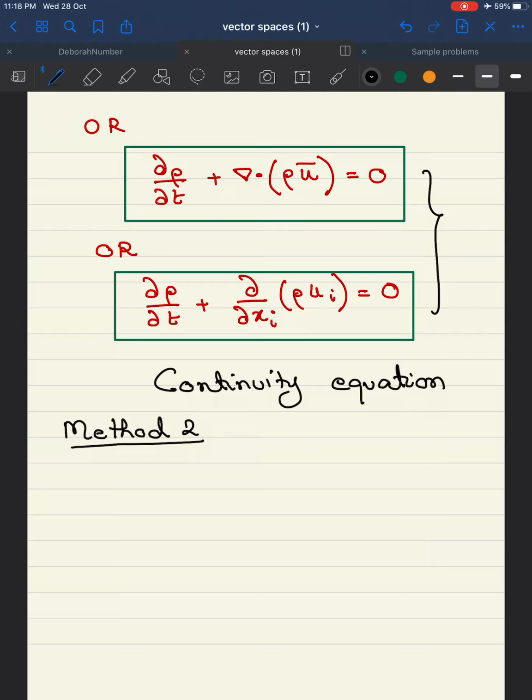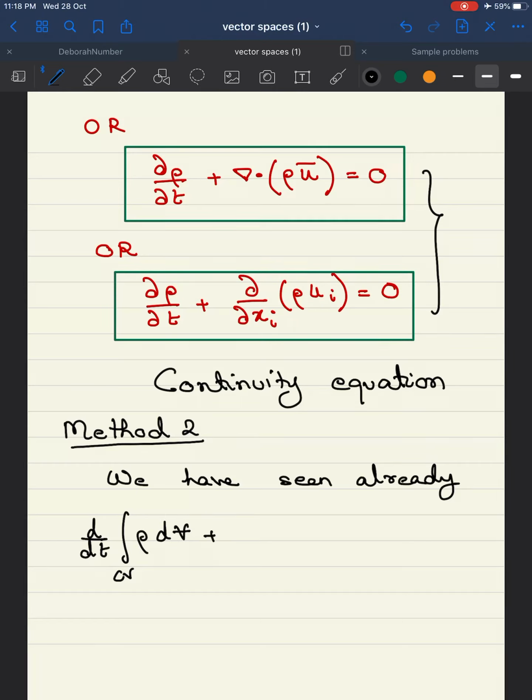Okay, so just recall that equation we have seen already. ddt of the control volume term rho dV plus the control surface term, which is going to be simply this, and this is equal to 0, right? This is what we have seen for a finite control volume.